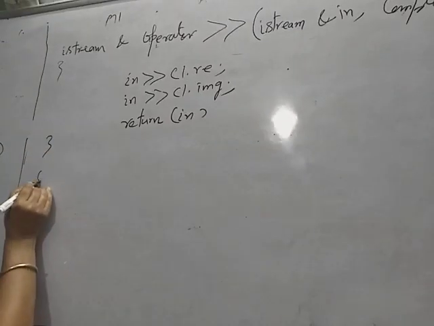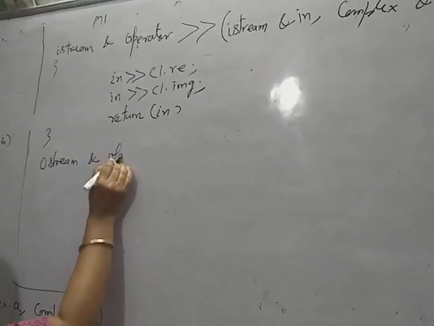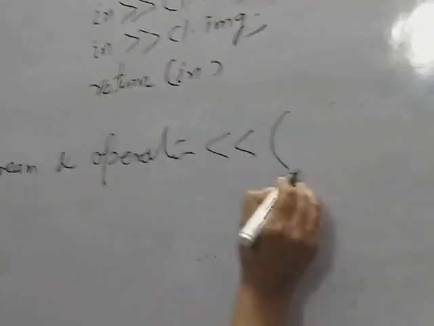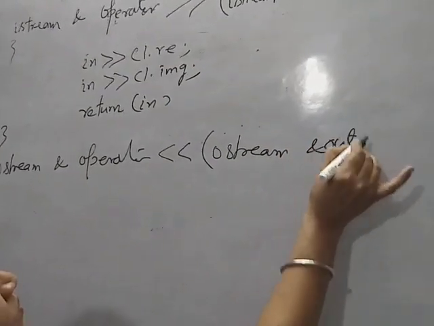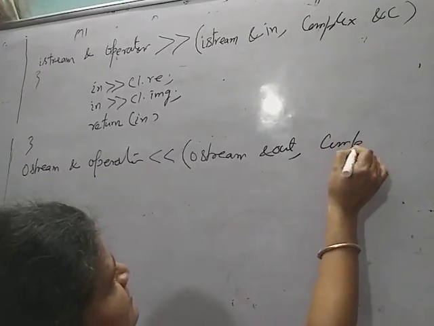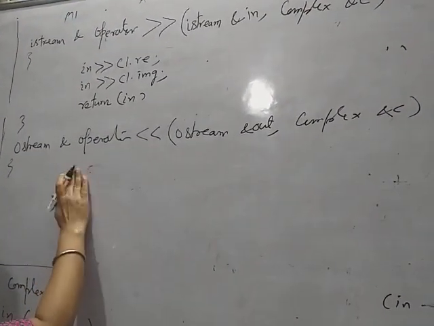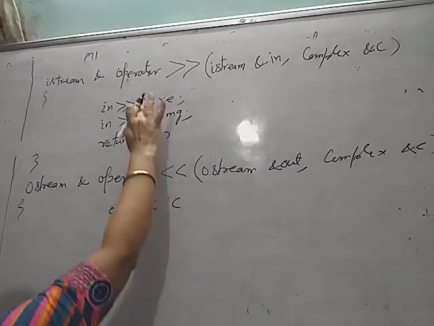Same, we give the definition of what? ostream& operator<<(ostream& out, complex& C).